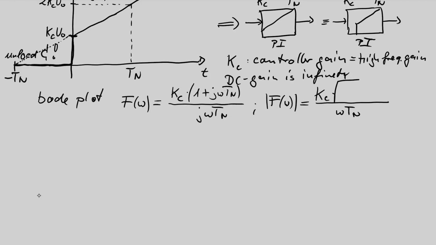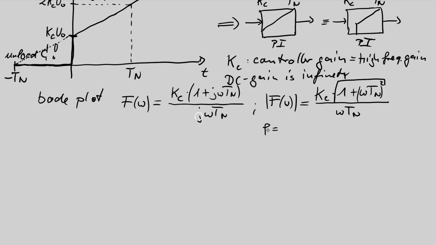We have the square root with Pythagoras: 1 plus omega Tn squared. And the phase is again the phase of the numerator minus the phase of the denominator.